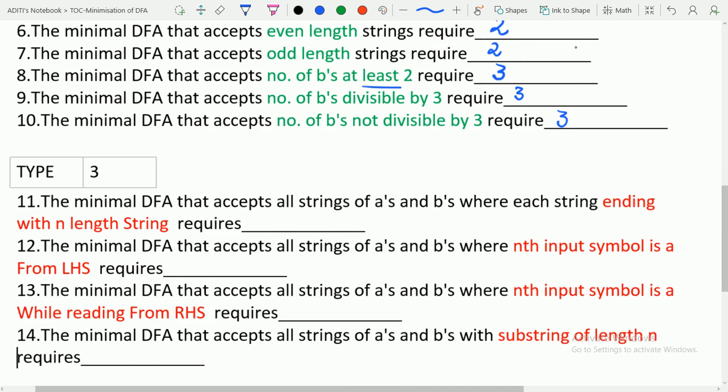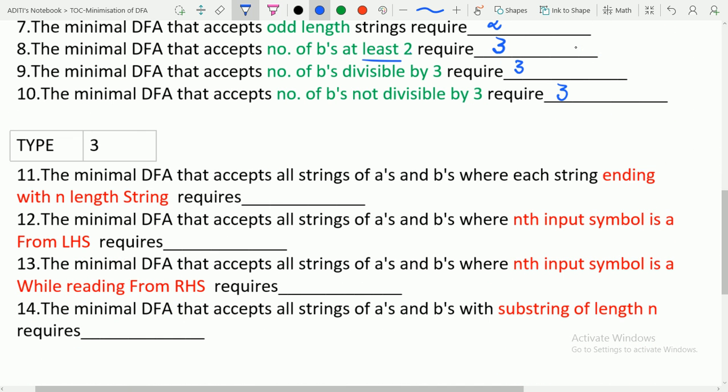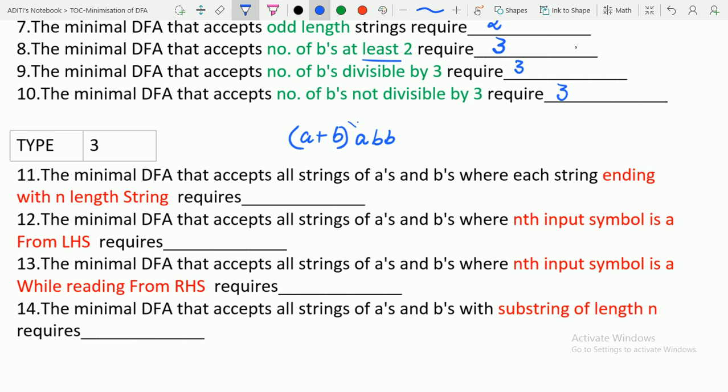Now we are heading towards the type 3 generalized results, and it is also very simple. The minimal DFA that accepts all strings of A's and B's where each string ends with an n length string. Suppose we have to obtain a language that ends with ABB, so the length of the string that it ends with is 3, that is n equals 3.